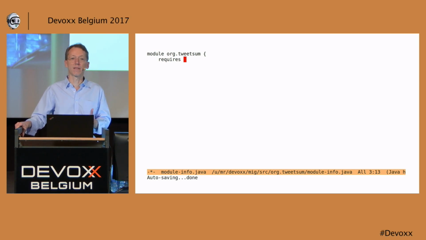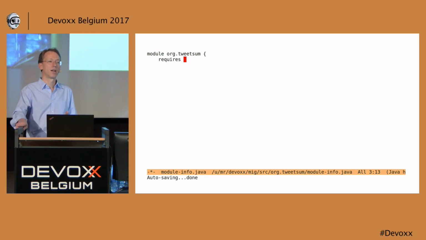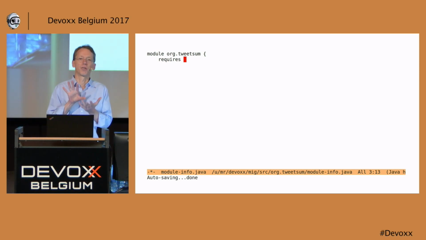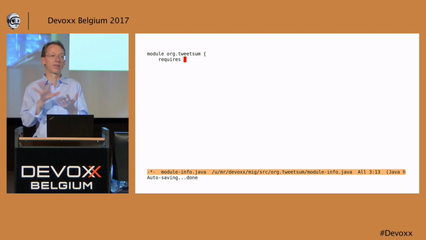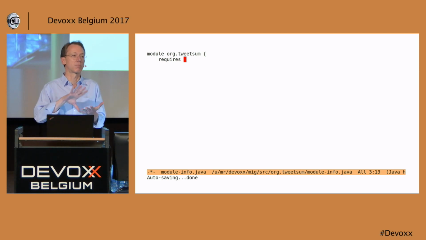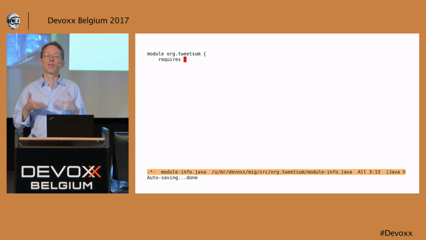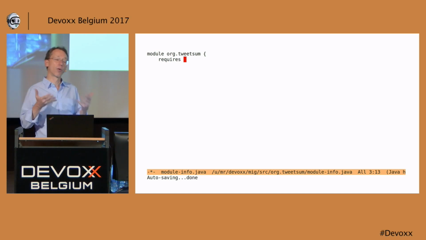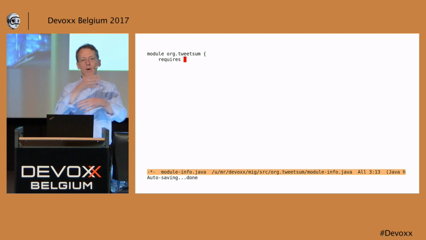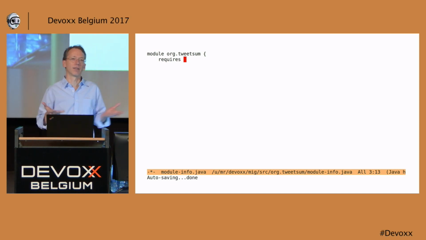The module system will see it there, and as long as the jar files you're using as automatic modules don't have conflicting packages, there are no split packages amongst them, then the module system will treat them as modules. It will, in effect, synthesize module declarations for them at compile time and runtime. It will make sure that they essentially all require each other by default, because that's the only thing that makes sense.